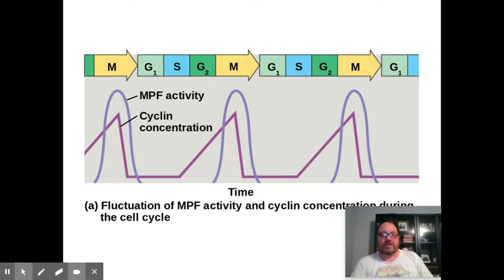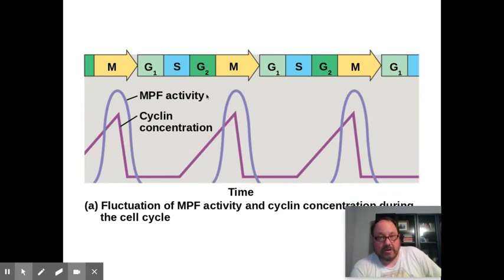So here's another way to view this representation. The darker purple line that you see there is cyclin. So cyclin levels go up, and then they drop. And then cyclin levels go up, and then they drop. When cyclin levels rise, you get more of that MPF superduo, and then the cells divide. When cyclin levels drop, MPF degrades, and then the cell enters interphase.